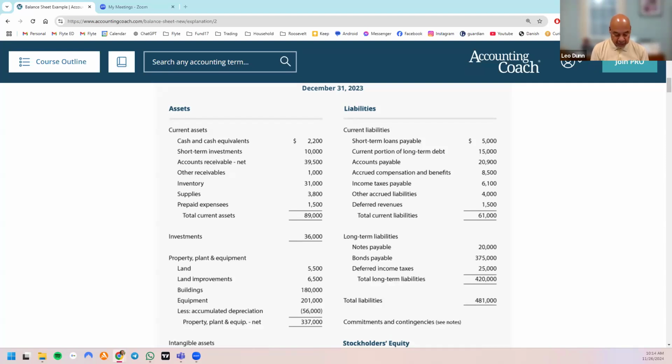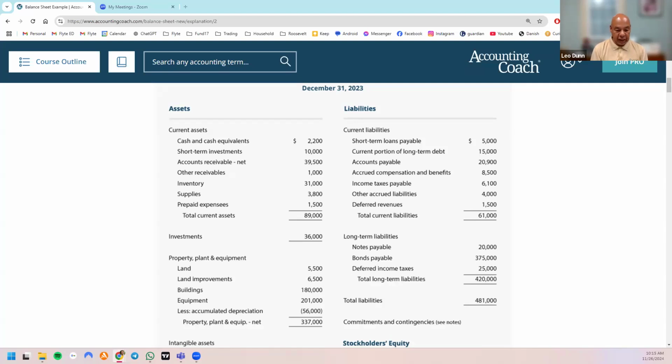Again, in this example, we have $201,000 in equipment. If we consider those to be 5-year assets, then 1/5 of those assets would be added to your accumulated depreciation and depreciation expense each year until that asset is what we consider fully depreciated.